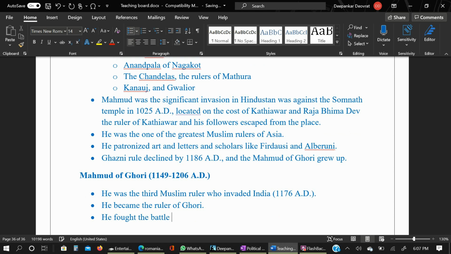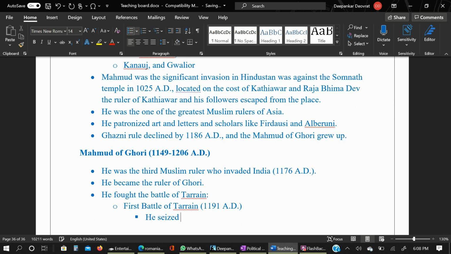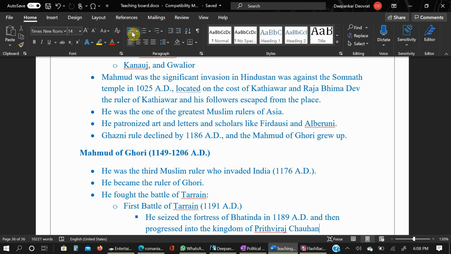The first Battle of Tehran, 1191 AD, where he seized the fortress of Bhatinda in 1189 AD, and then progressed into the kingdom of Prithviraj Chauhan.